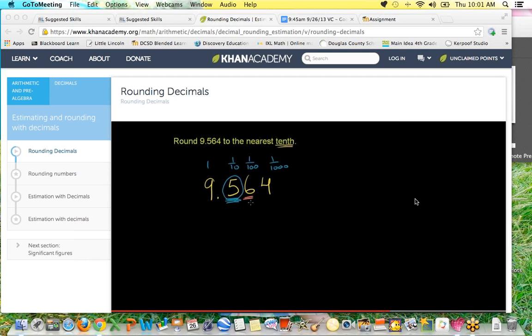If it isn't, you round down. 6 is definitely 5 or larger, so we want to round up. So this 9.564 becomes 9.6, or we could call this 9 and 6 tenths. And then we're done.